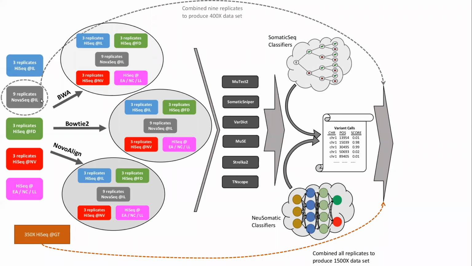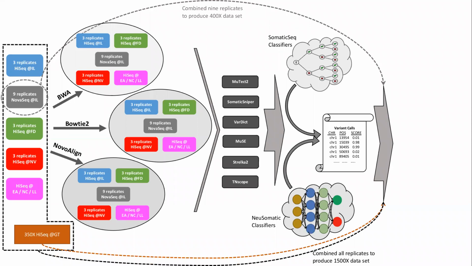And then we also combine 9 NovaSeq replicates here, to rescue potentially low VAF, low frequency variants that were deemed low confidence because they only occurred a few times in all of the replicates. And then we also combine all of them at once to a total coverage of about 1,500x, to rescue a few more variants.